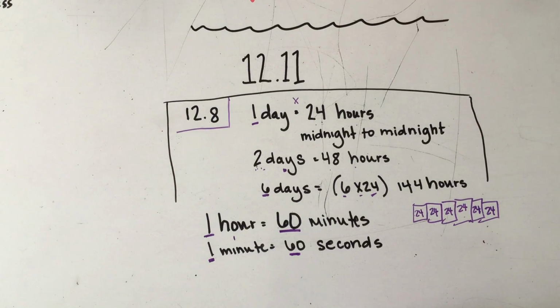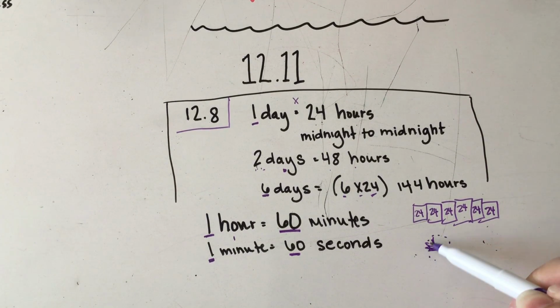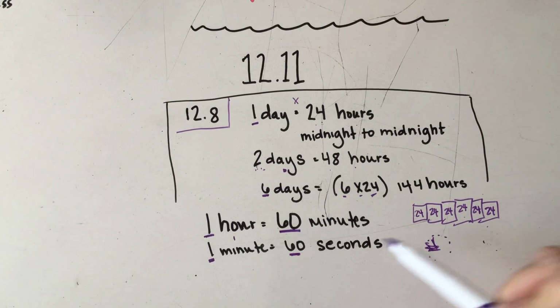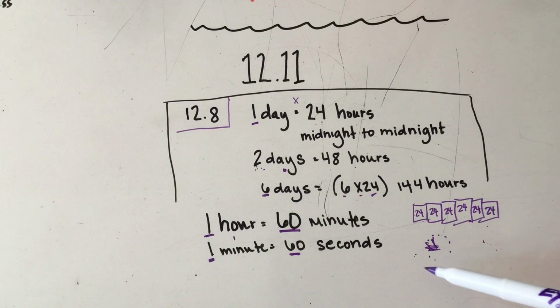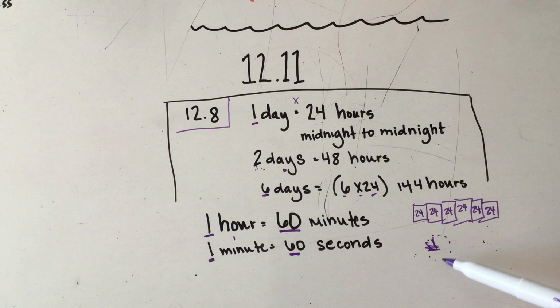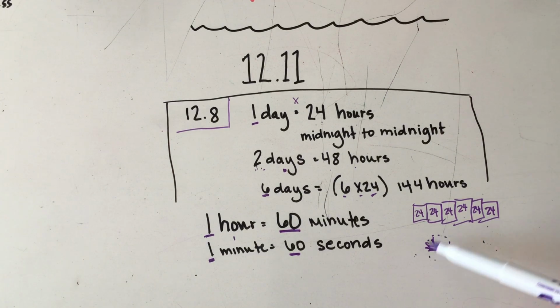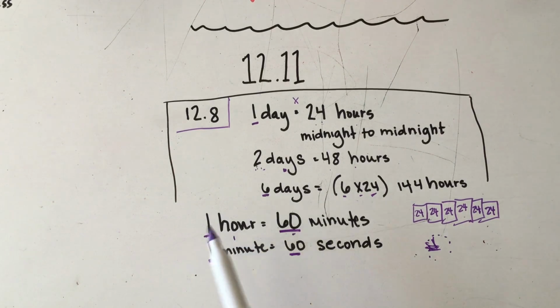So the second hand that tick, tick, tick, ticks all the way around the clock and is constantly moving, you have to have 60 ticks for 1 minute. It goes around that clock at 60 seconds makes 1 minute.